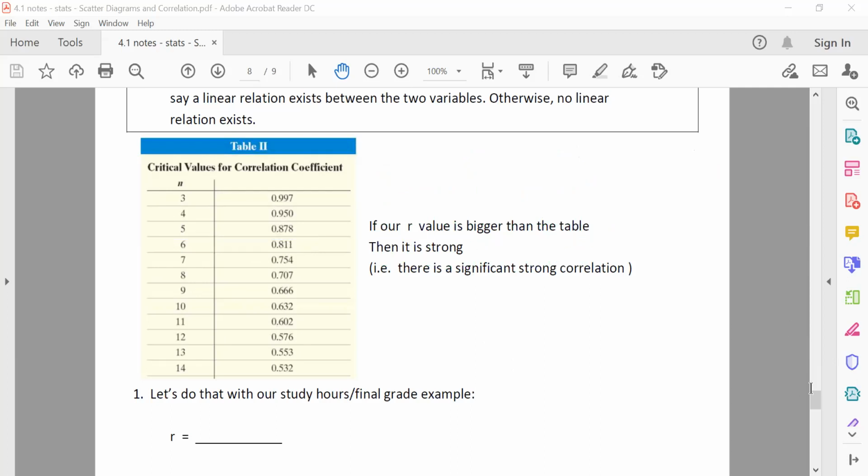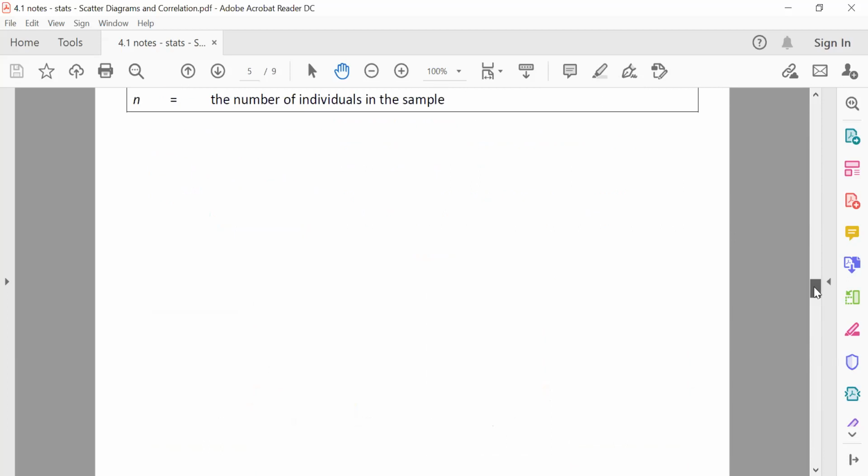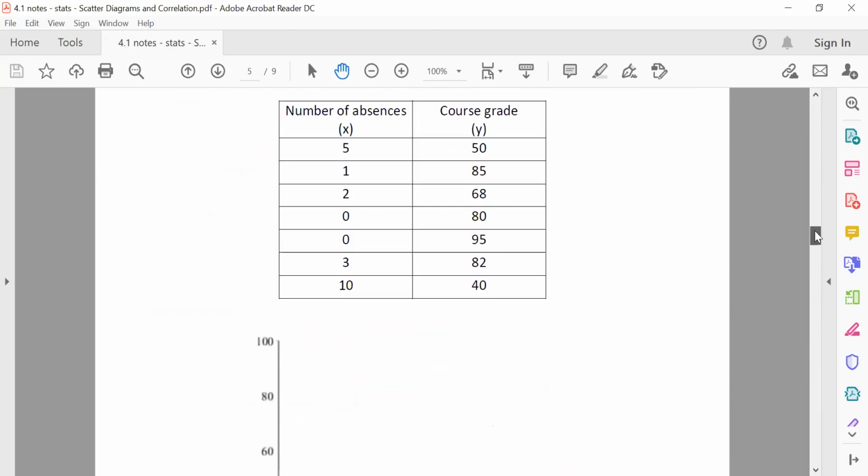If we go all the way back up here to our grade data, where we compared a student's number of absences to their grade, let me enter in that data and then I'll show you.